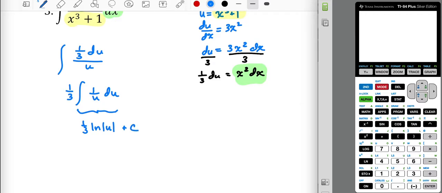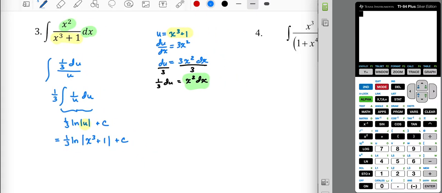Which requires the natural log rule. All right, and so now I can reverse substitute. And there it is.